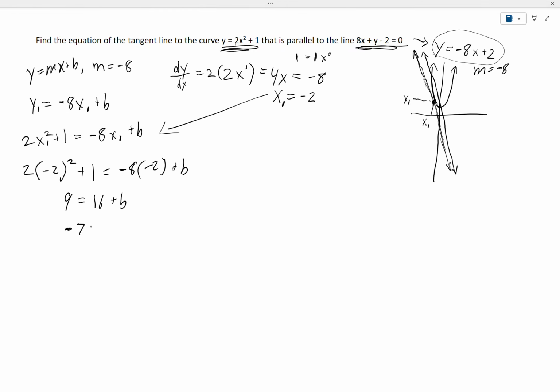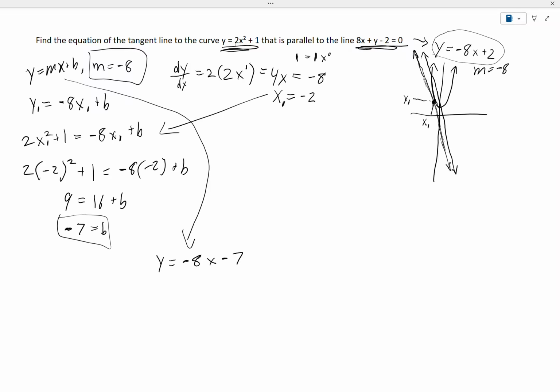I end up getting -7 is equal to b. Okay, so I know what b is. I know what m is. So I think I'm done. Just bring this equation down here. Plug in m, plug in b. y equals -8x minus 7.